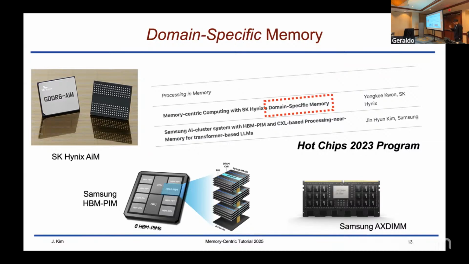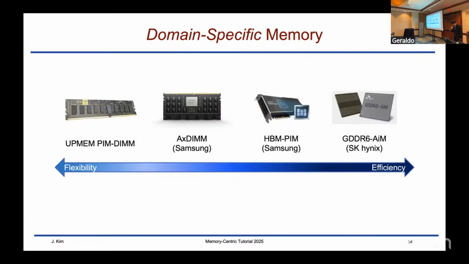It's based on GDDR memory, but it's targeting one particular application, actually one particular kernel, which is matrix vector multiplication. It's not a general purpose memory, or even a general purpose PIM architecture. Having said that, I think this is an interesting way of summarizing all the different types of PIM architectures that you see out there.